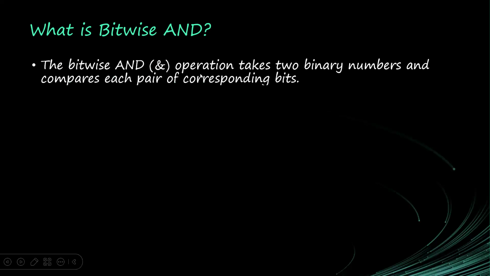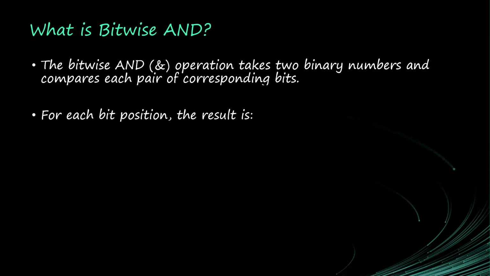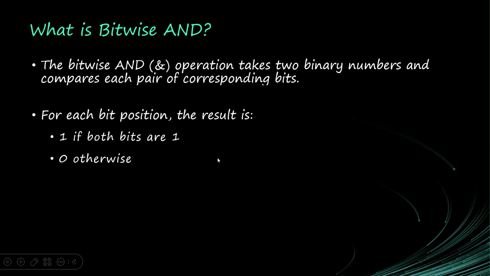We will talk about logical operators when we start talking about programming languages. The bitwise AND operation takes two binary numbers and compares each pair of corresponding bits. For each bit position, the result is 1 if both bits are 1, and 0 otherwise.